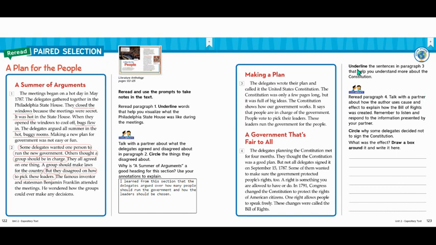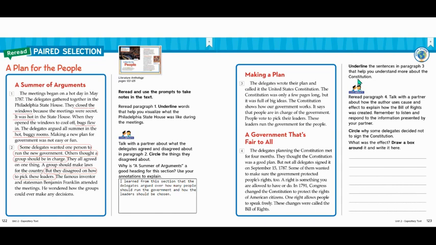It says, underline the sentences in paragraph 3 that help you understand more about the Constitution. So we have 2 new sections and 2 new paragraphs. This question is asking us to focus on paragraph 3, which is the section Making a Plan. It wants us to underline the sentences that help us understand what the Constitution is about.